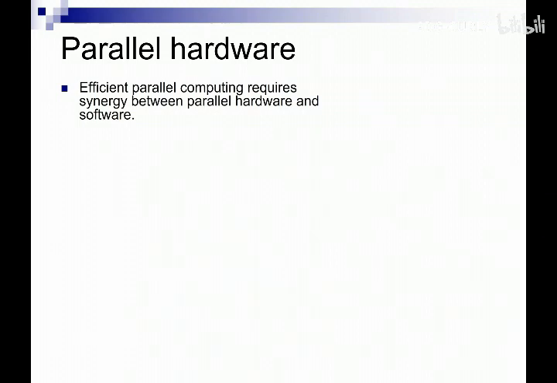And the basic reason is that there's basically just one design for sequential computers, right? But when you get to parallel computing, there are actually many different designs for parallel hardware. And so when you write parallel software, you need to be very aware of the type of hardware that you plan to run on. And you need to make the software able to exploit the capabilities of your hardware.